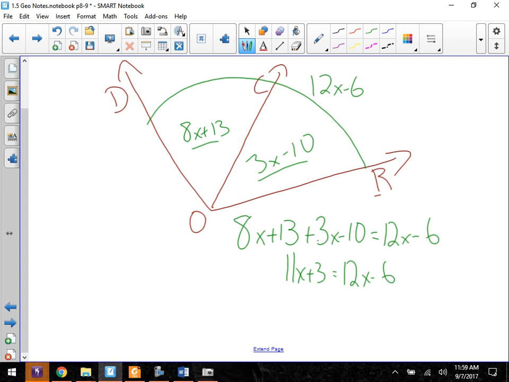If this distance is 13 feet, would this distance be 13 feet? Same idea for an angle.